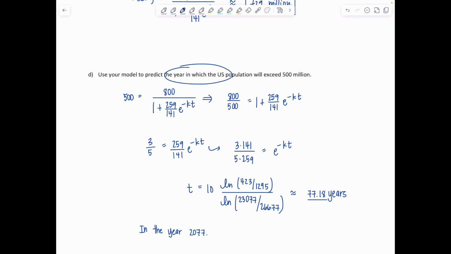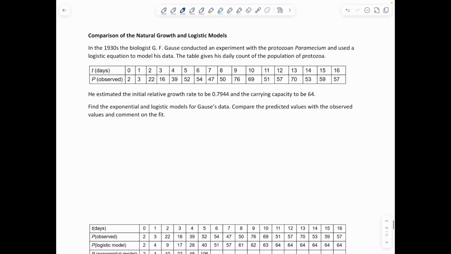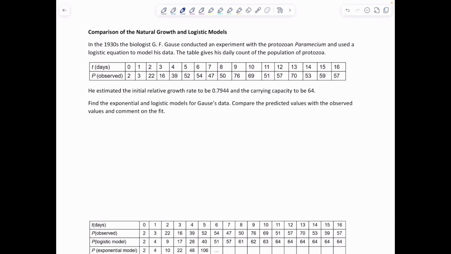Let's think why maybe the population's not growing as quickly as the model thinks. What factors could be causing that? So, you know, a lot of what mathematicians do is refine their models and say, what do I need to add to it to make it more accurate, to make it really reflect the population and how it behaves? Okay, moving on. Last example, comparison of the natural growth and logistic models.